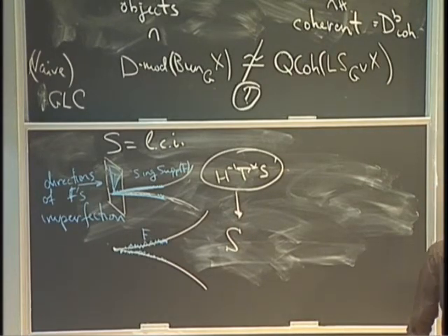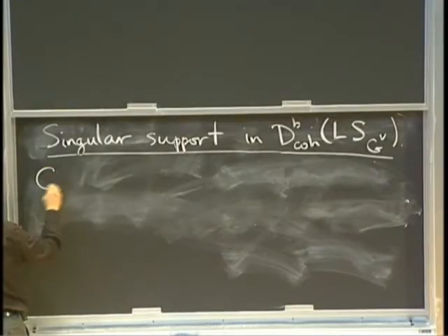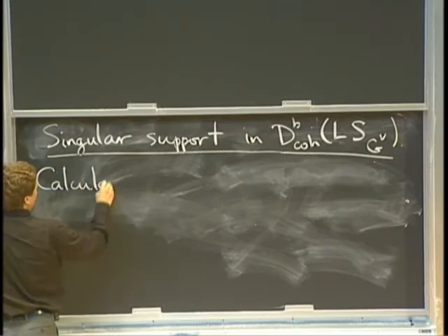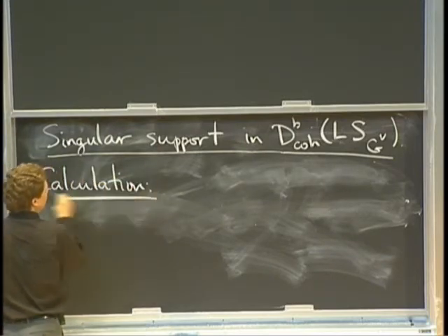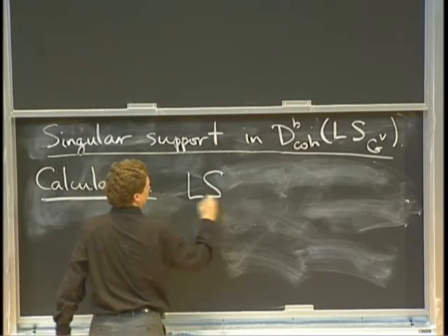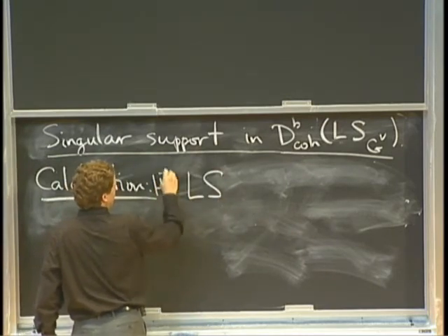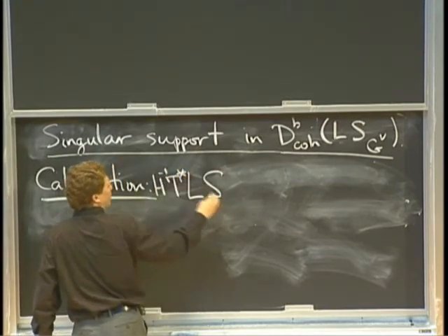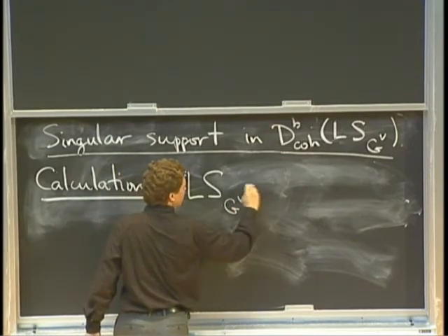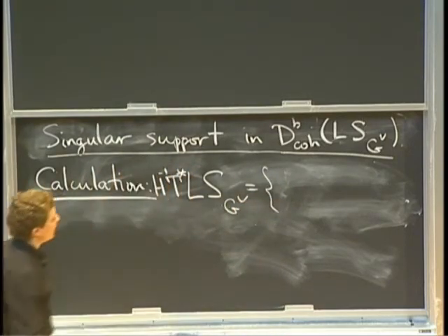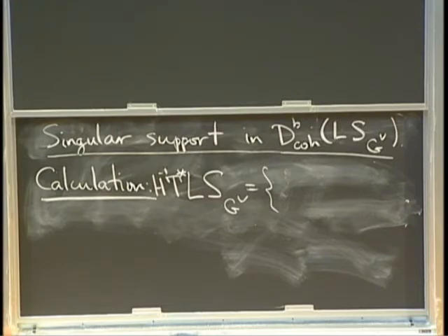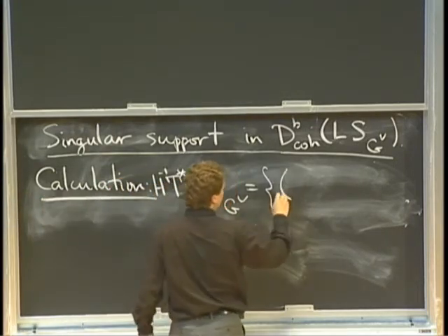But once you have it, it turns out that the shifted cotangent bundle to the stack of local systems can be realized as the stack of the following pairs.